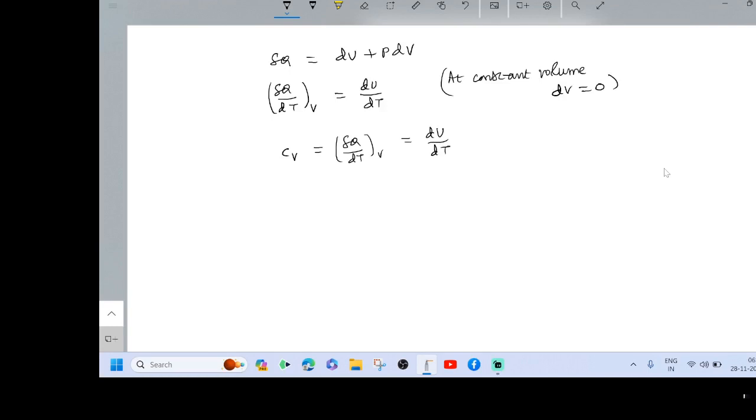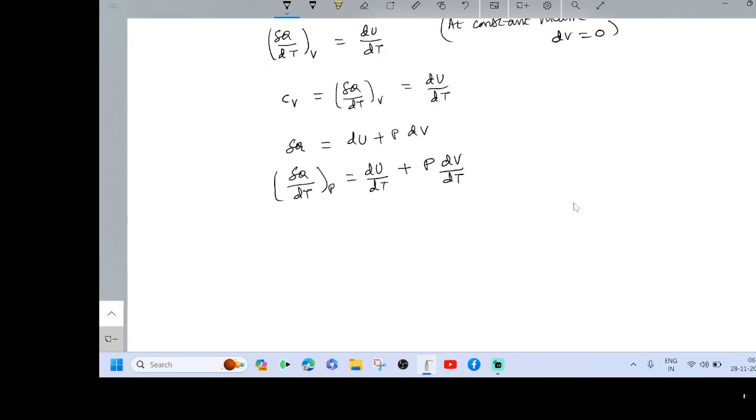And if you keep the pressure of the system constant, dQ = dU + P dV is the equation. dQ/dT at constant pressure is equal to dU/dT plus P dV/dT. This is the equation.